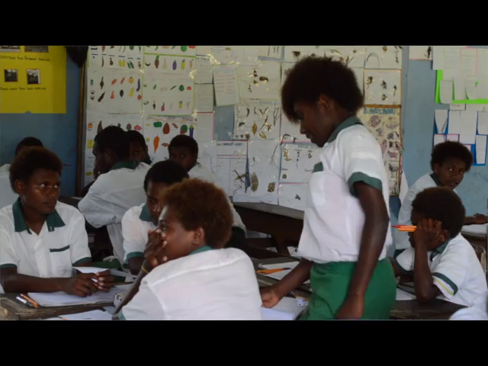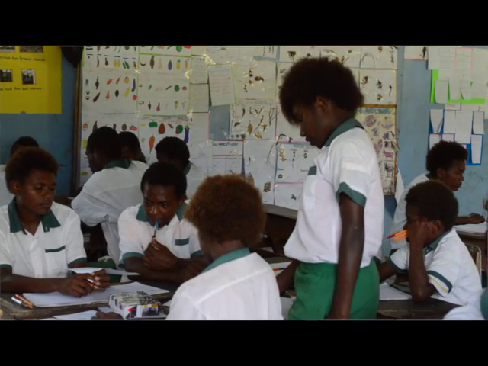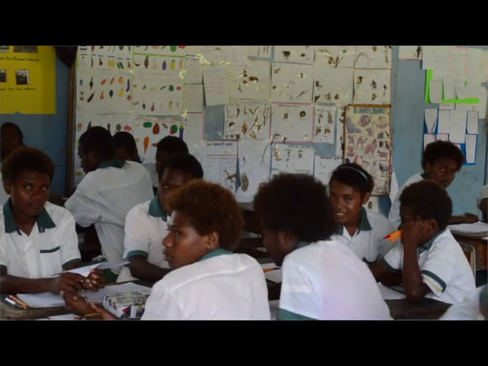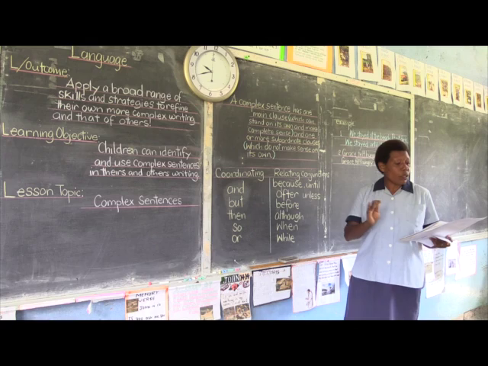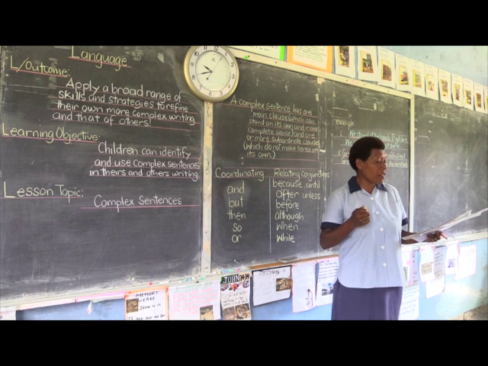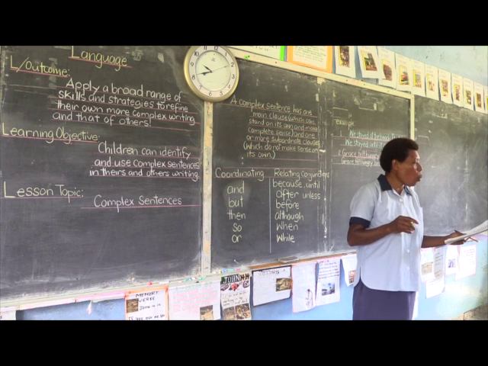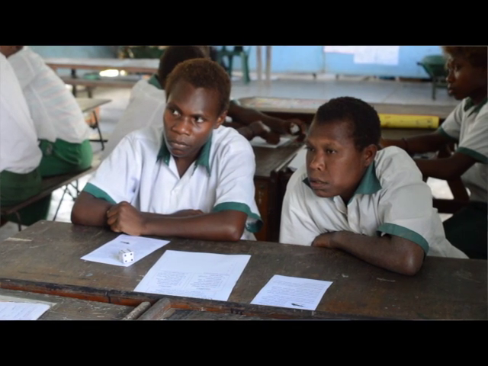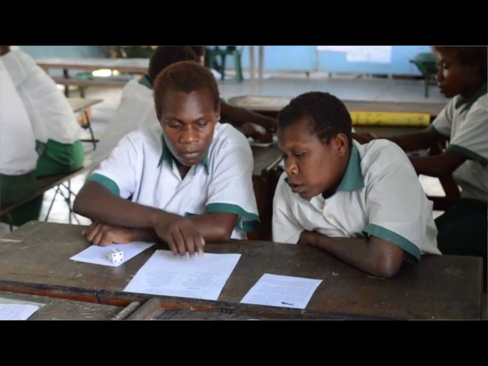Number 3 is: she fell into the puddle because she was not looking. So I'm going to choose one of these relating conjunctions to relate the two sentences. For example, Jane went to school before she fell into the puddle because she was not looking.